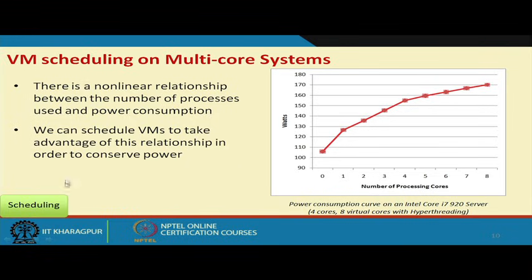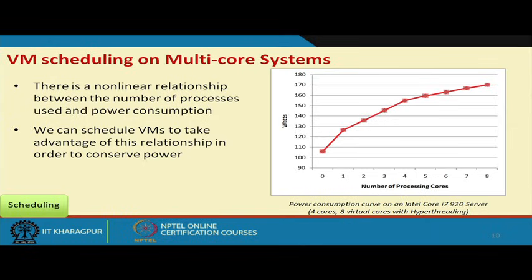So, whether we can exploit this, whether we can schedule VMs to take advantage of this relationship in order to conserve power, right. So, as I was saying, I want to concentrate my VMs into the underutilized servers, so that the number of servers the VMs run on is reduced.